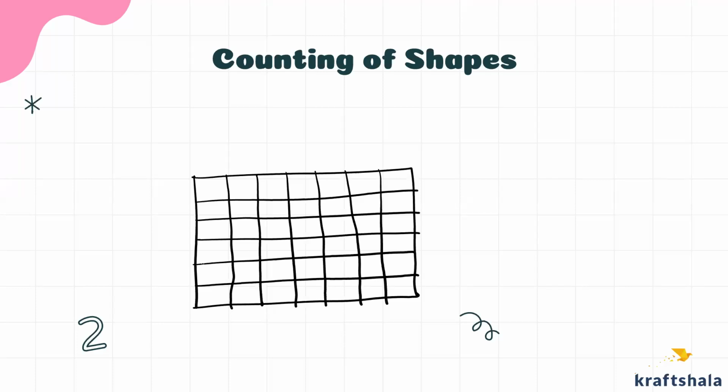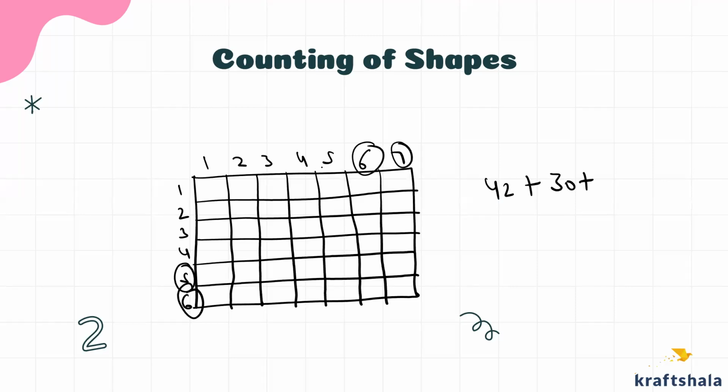All right, so you have got it. Same thing. 1, 2, 3, 4, 5, 6, 7. 1, 2, 3, 4, 5, 6. Start from the reverse order. 7 into 6, 42, plus 6 into 5, 30, plus 5 into 4, 20, plus 4 into 3, 12, plus 3 into 2, 6, plus 2 into 1, 2.